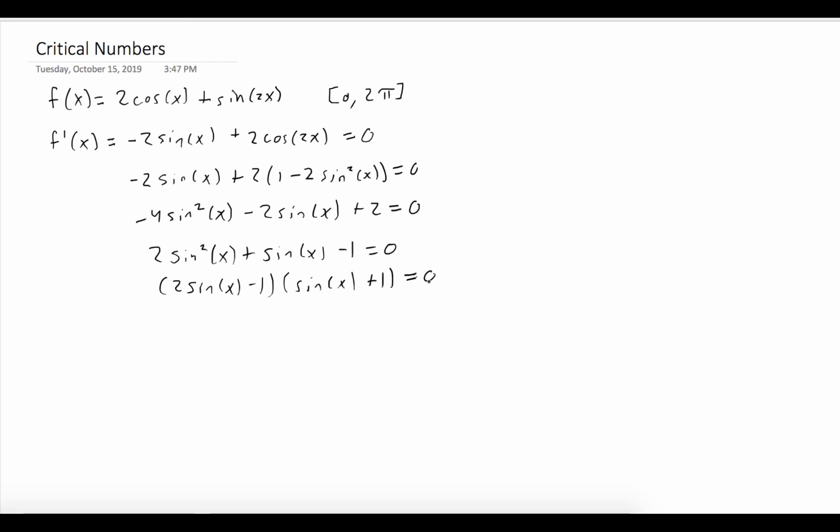And now we have two things that multiply together to give us 0. That means at least one of them is 0. So we either have 2 sine of x minus 1 equals 0, or we have sine of x plus 1 equals 0. In this case, sine of x is equal to 1/2, which means x is equal to pi over 6 or 5 pi over 6.